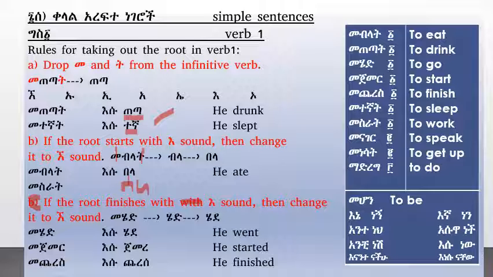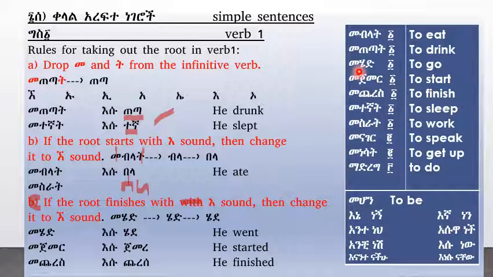Okay, let's see what we have studied so far. መብላት, drop መ. Now you have the rule here. I don't need to repeat. መብላት በላ፣ መጠጣት ጠጣ፣ መሄድ, drop መ, ድ is not ደ, we don't have to change it. ሄደ፣ መጀመር ጀመረ፣ መጨረስ ጨረሰ፣ መተኛት ተኛ፣ መስራት ሰራ.